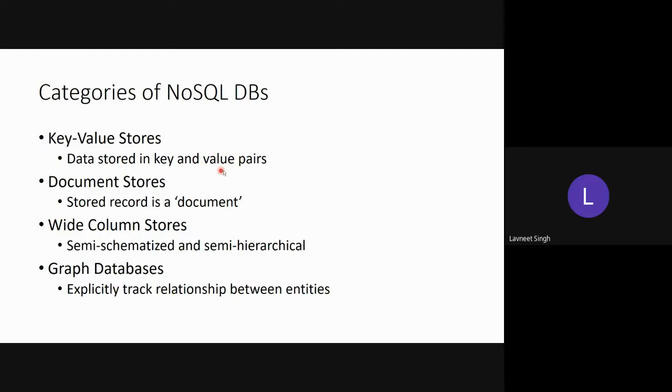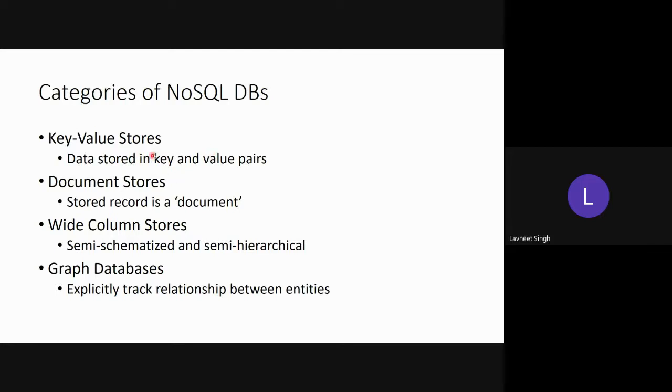It could be multiple megabytes at least. The key is basically an indexed value of that object, or you can define it in a way depending on the technology of the NoSQL that you are using. You define a key, and then it will map to the value.